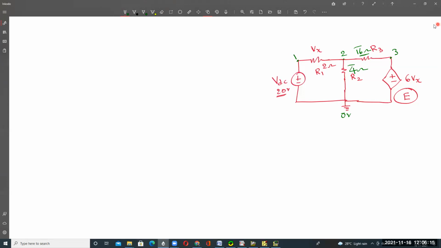Then how to write the program. First VDC, that is called Vs. Vs is connected between 1 and 0. So 1, 0, DC, 20 volts. And then R1 is connected between 1 and 2, so 1, 2, with a resistance of 2 ohms.